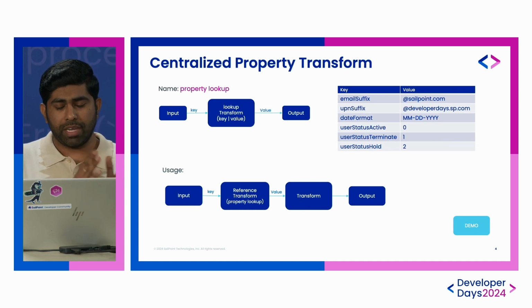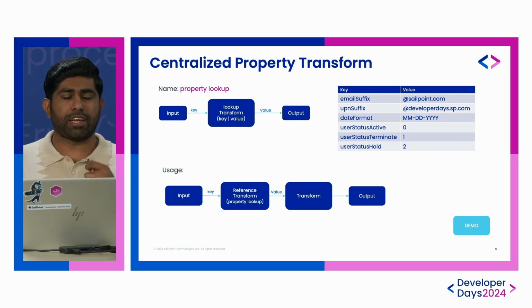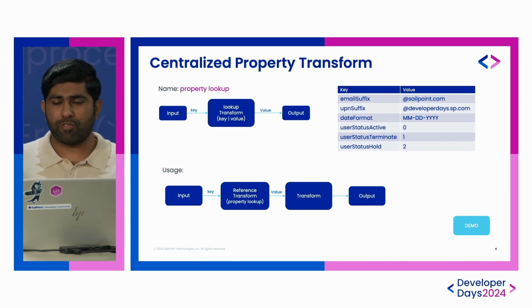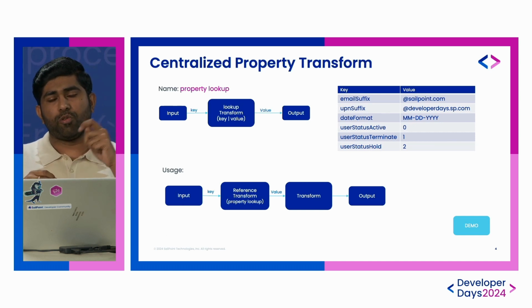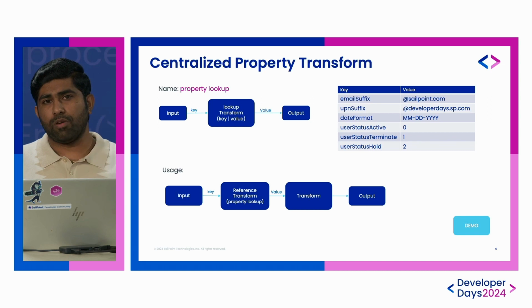You store your keys and the respective values in your table, and this property lookup transform will be used as a reference transform in any other calling transform. For example, instead of hard coding the value in a particular transform, you call the reference transform to read that value from the property lookup.